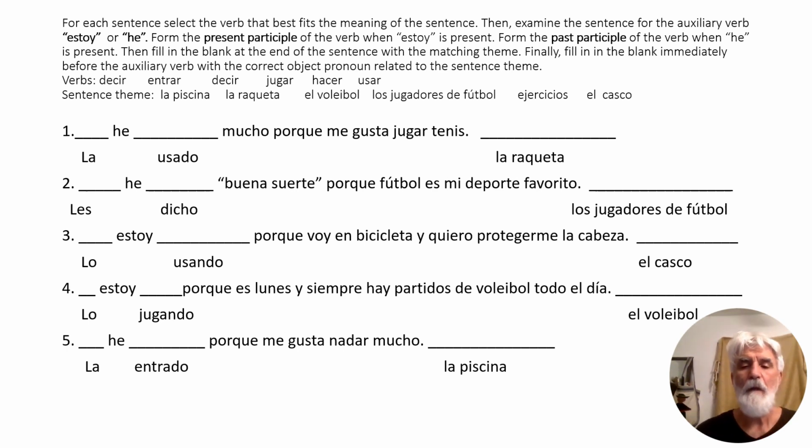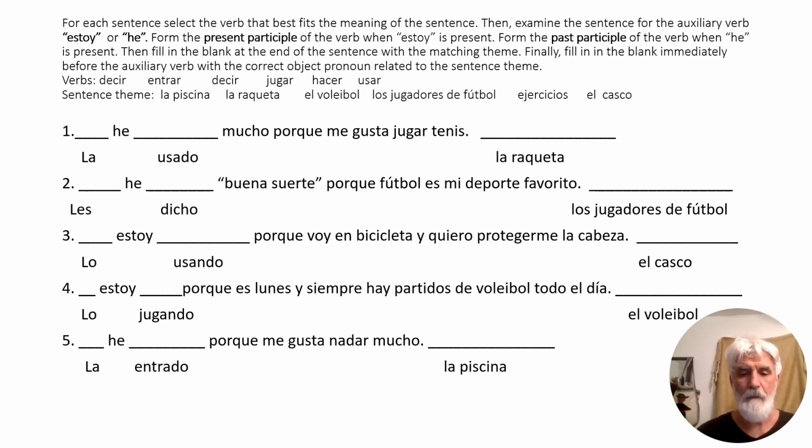In the next one, the theme of the sentence is los jugadores de fútbol. They're now the indirect object. Okay, so I want to get rid of them, and I have to replace them. Now becomes les as an indirect object. And again, my object pronouns always are placed immediately before the auxiliary verb. They always go before the conjugated verb.